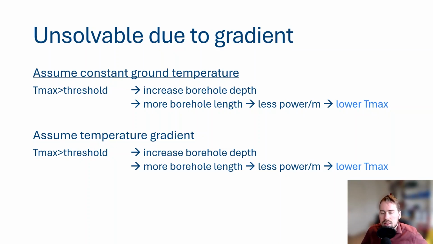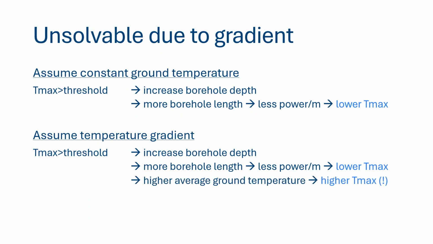But there is a second aspect that comes into view, namely that since we are drilling deeper, and since we assume that there is a temperature gradient, so the ground heats up when we go deeper, drilling deeper causes us to have a higher average ground temperature. So this will increase the maximum average fluid temperature.